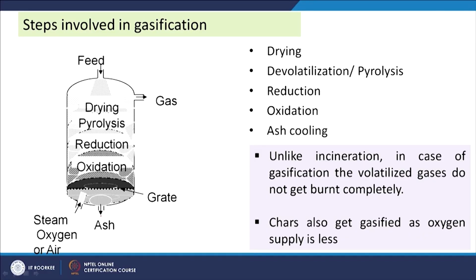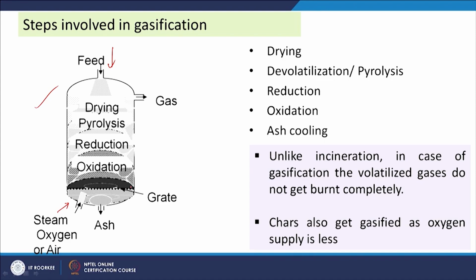Now, you see what is happening; we will try to understand more about the mechanism inside. This is the gasifier. We are putting feed here, and we are putting oxygen or air and steam here. Gradually the feed is getting down and the gas goes up.